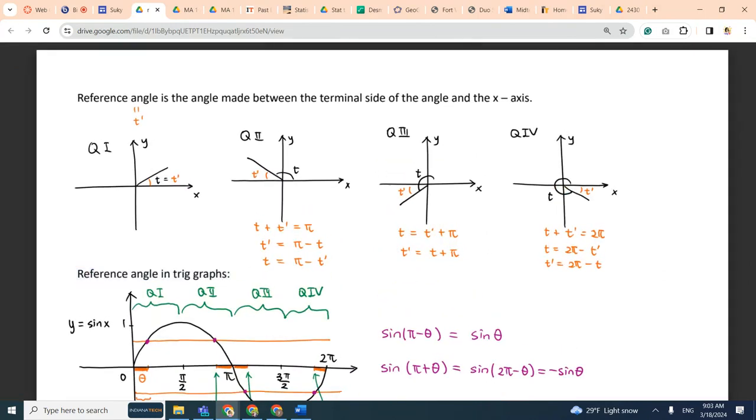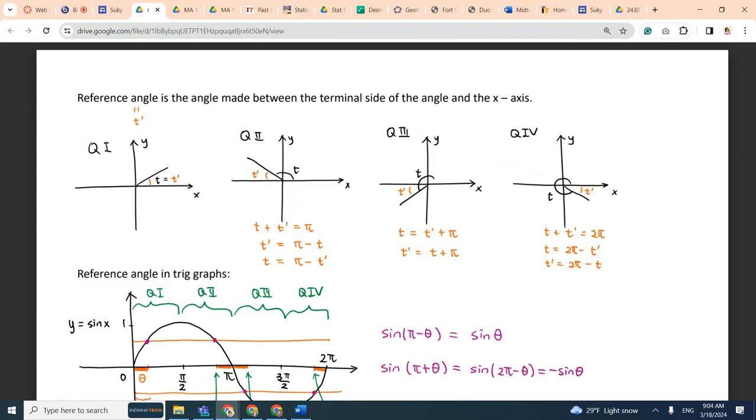Again, what is a reference angle? That's the angle made between the terminal side of the angle and the x-axis, right? In quadrant 1, our reference angle, t prime, equals the angle t, right, everybody? And in quadrant 2, t prime is now here, the angle made with the terminal side and the x-axis.